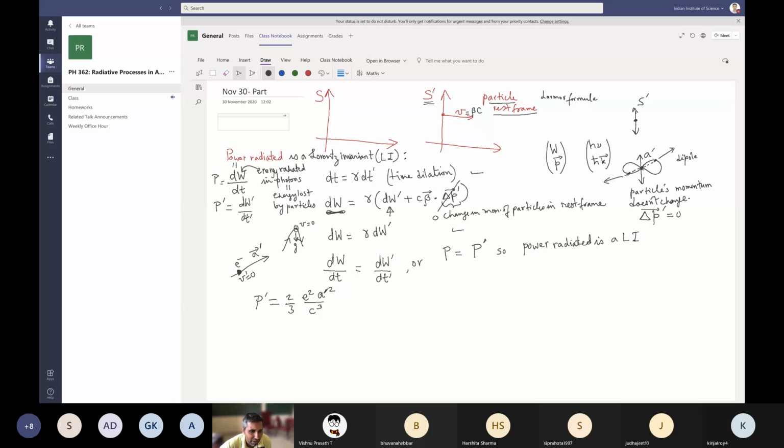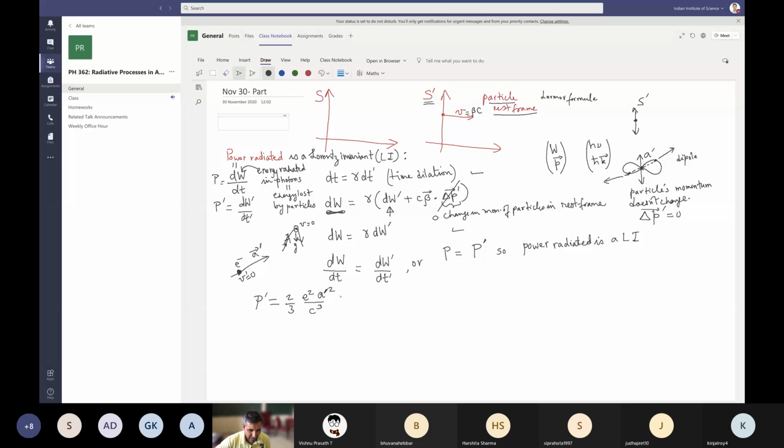We can always consider this frame in which instantaneously the particle is at rest. Even here we can instantaneously go to a frame which has a velocity in this direction for that particular time. We'll have to change this frame as we are at different places on the trajectory. Okay, good.